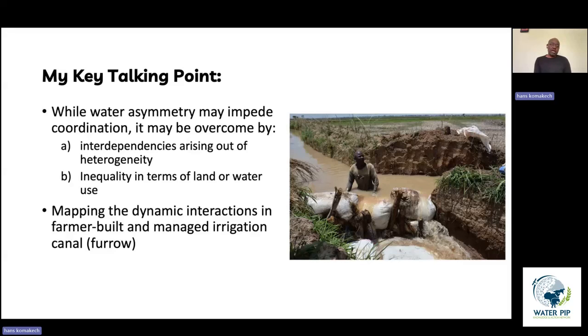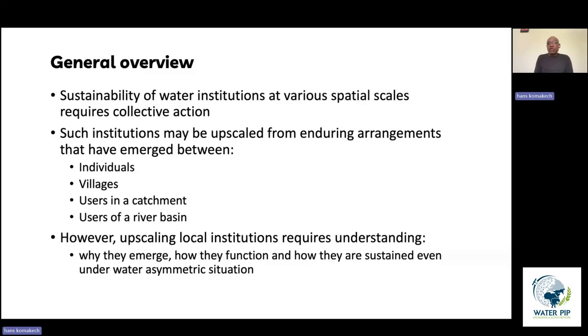And it appears to be working, and they seem to capture water from a river system and are able to grow crops, despite the other challenges that we will see as we go through the presentation.